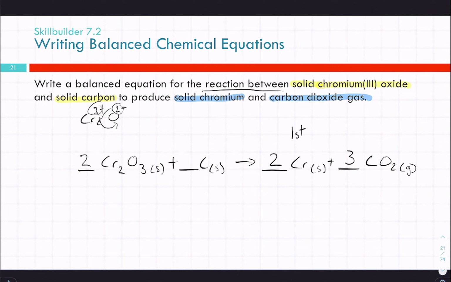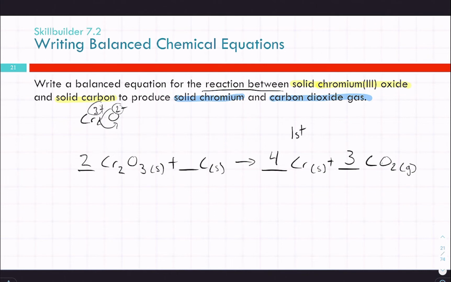Because now we've added this 2. So that's changed the number of oxygens, but it's also changed the number of chromiums. So how many chromiums do we have on the left side? 4. So we can go back and change this coefficient to 4 so that it matches. Yeah, I guess I should have started with oxygen here.